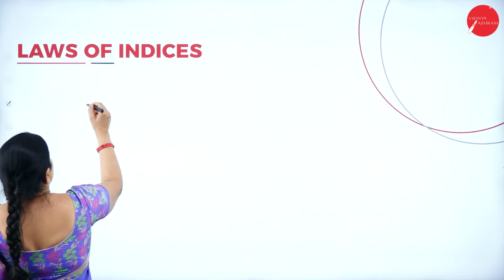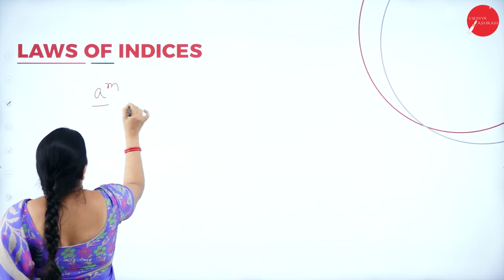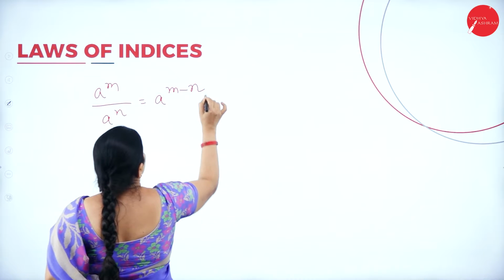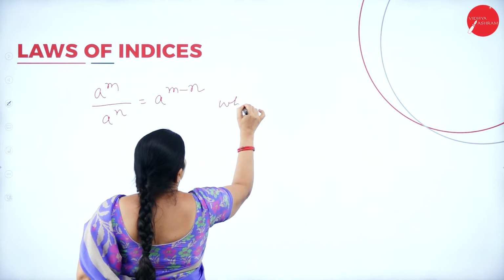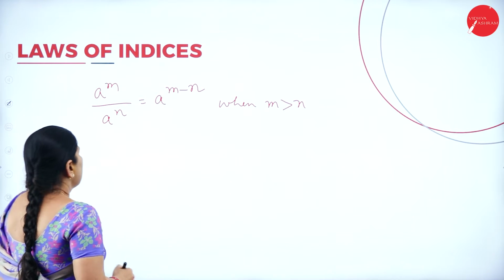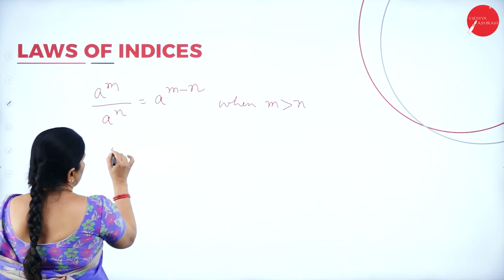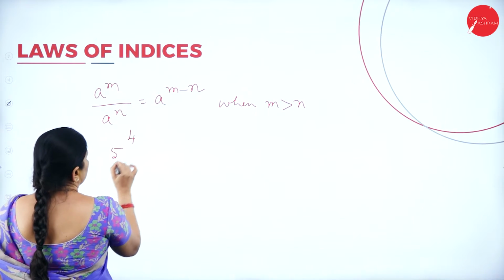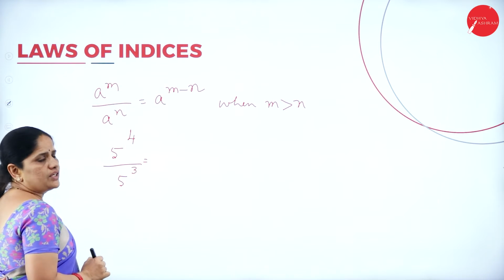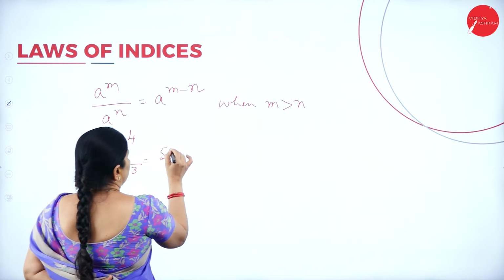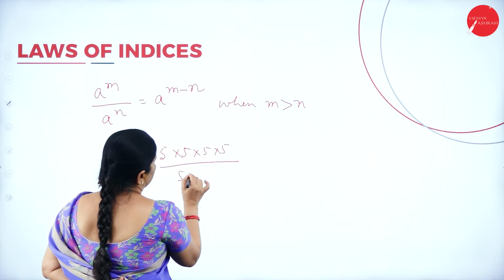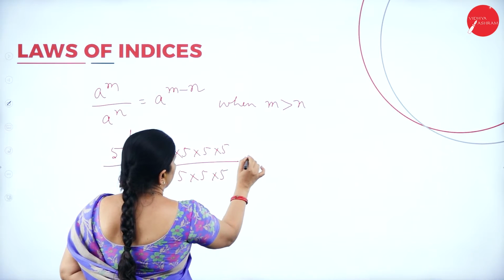Next, I'll write here a to the power of m by a to the power of n equals a to the power of m minus n, when m is greater than n. Now I'll write here 5 to the power of 4 by 5 to the power of 3. What will I get? 5 into 5 into 5 into 5 divided by 5 into 5 into 5.